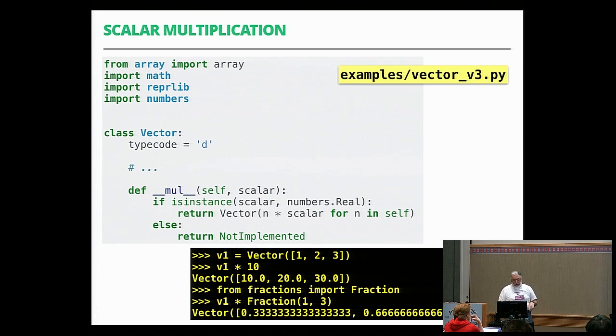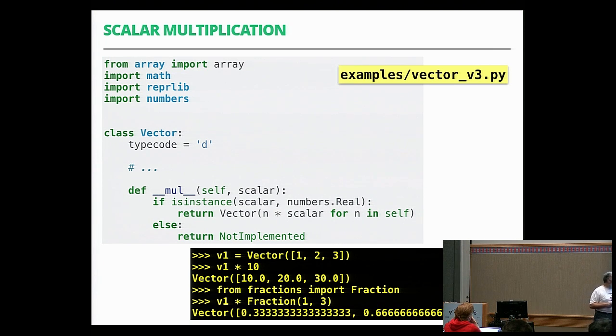Otherwise, if the scalar argument is not what I expected, then this is a really important part, okay? What I do is I return NotImplemented. I don't raise an exception. There is an exception called NotImplementedError, but this is not that.